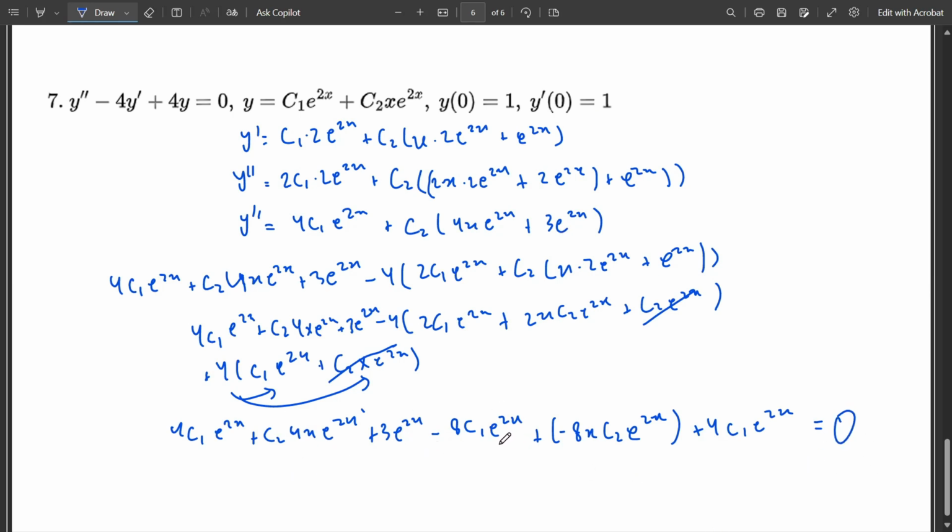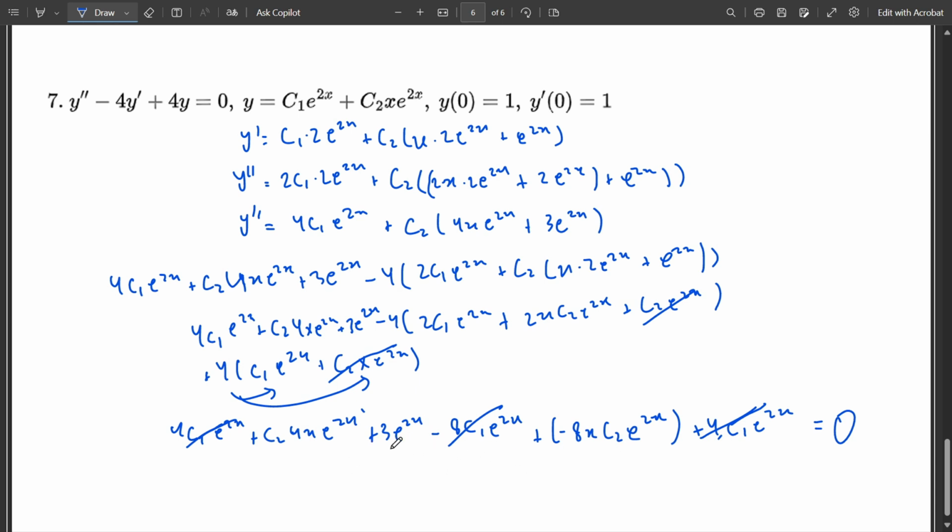We have, for c1, this one can combine and then cancel with this, and for c2, 4x minus 8x, and y double prime here, this is 4, and then we have c2 times 2x times 4. So we have c2, and this is c2 minus 8.